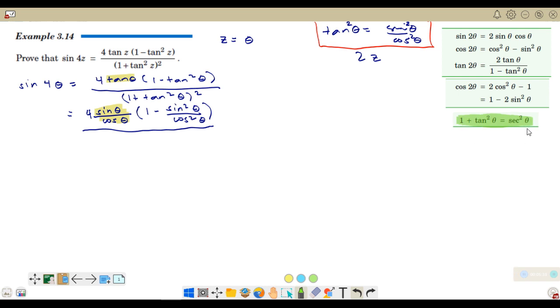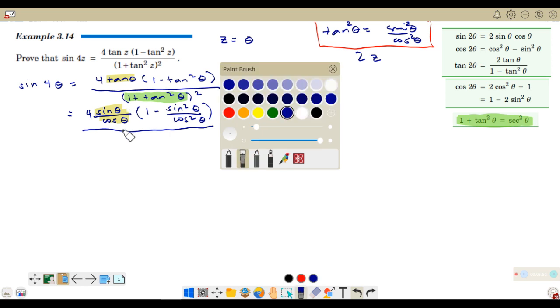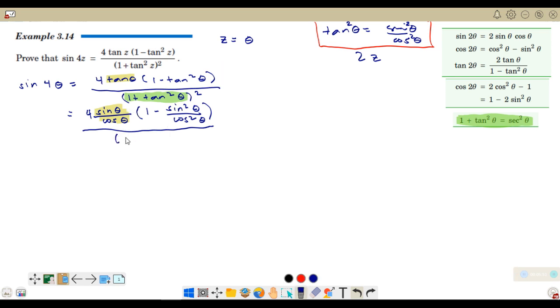Nilagay ko na siya dito sa side so you can easily find it. So, let's write down here, secant squared theta, squared na lang.